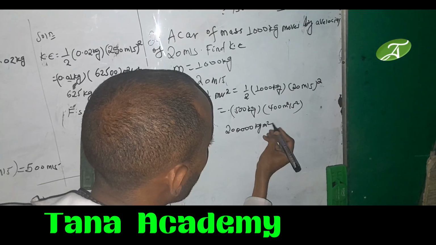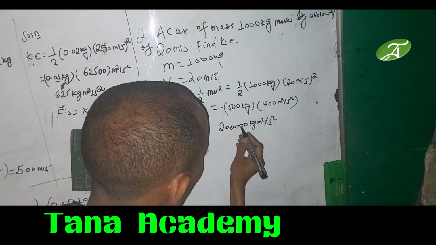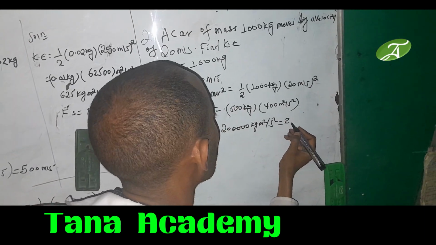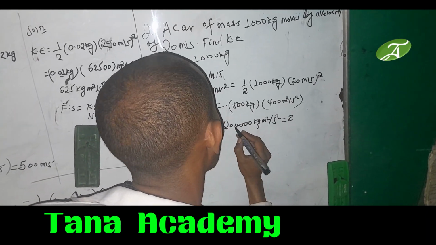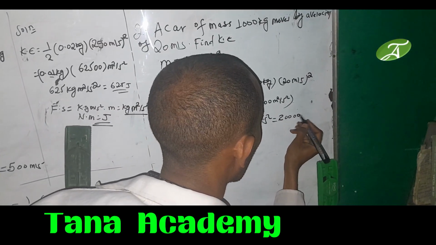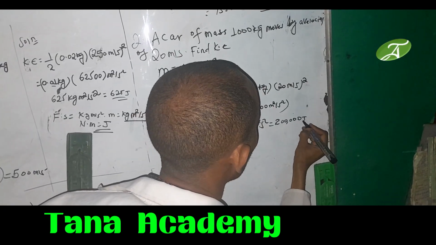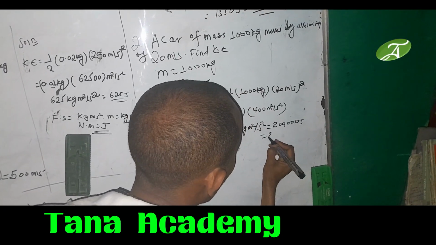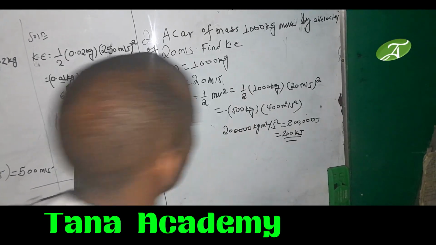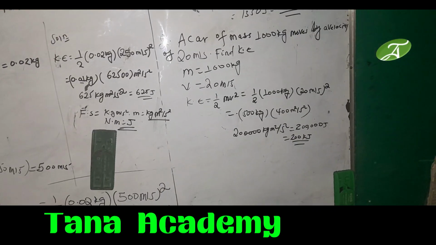Kilogram meter square second square, and it becomes 200,000 joule, or 200 kilojoule is the answer.